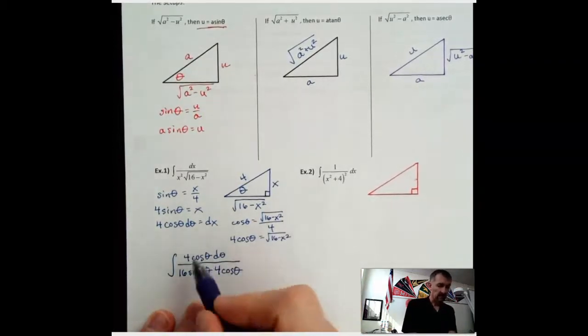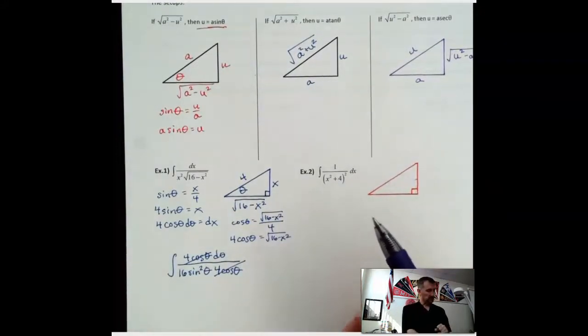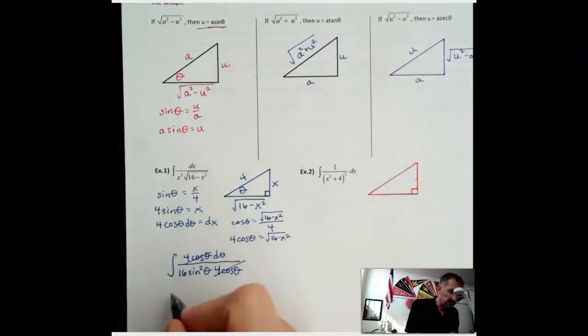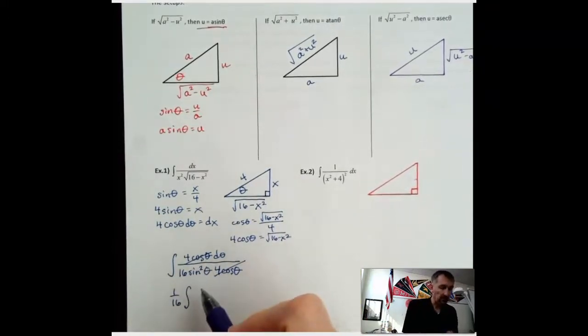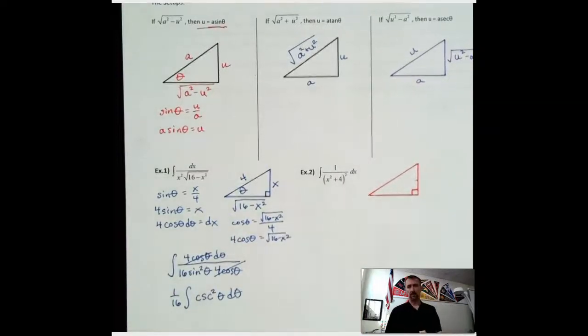And that is 1. So the 1/16 we can factor out. And then we have 1 over sine squared, which is cosecant squared. Okay.